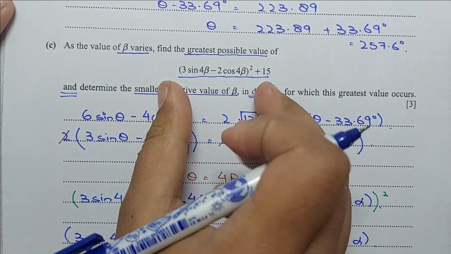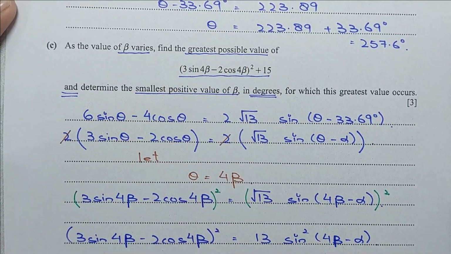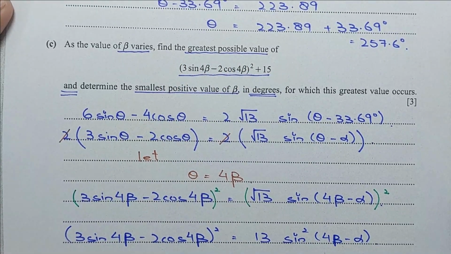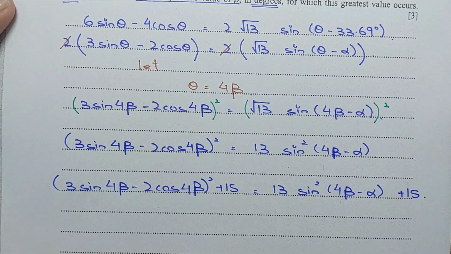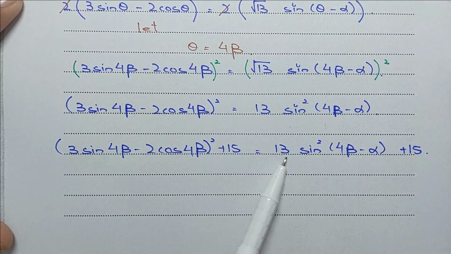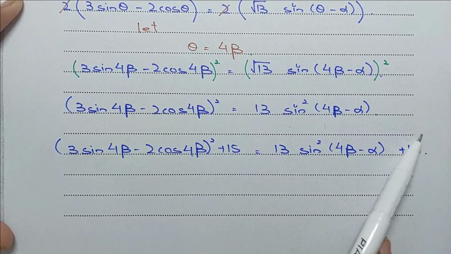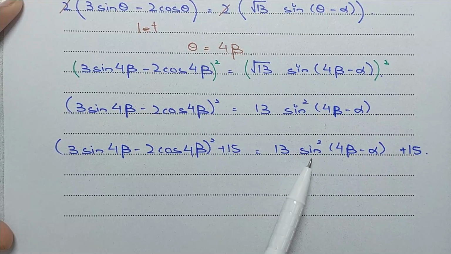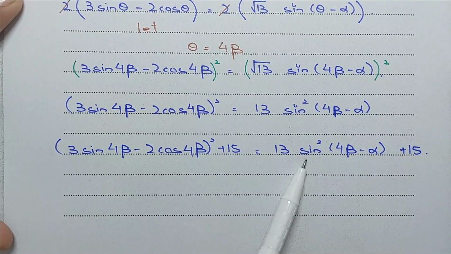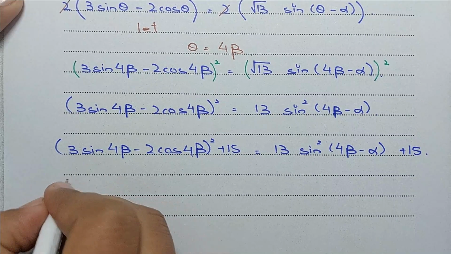For this expression, the first thing is to find the greatest possible value of this expression as beta varies, right? The greatest possible value for this expression, okay? As we know, for the greatest possible value, 13 is a constant, 15 is a constant. The greatest value occurs when we take the greatest value of sine. Sine lies between 1 and minus 1, right?